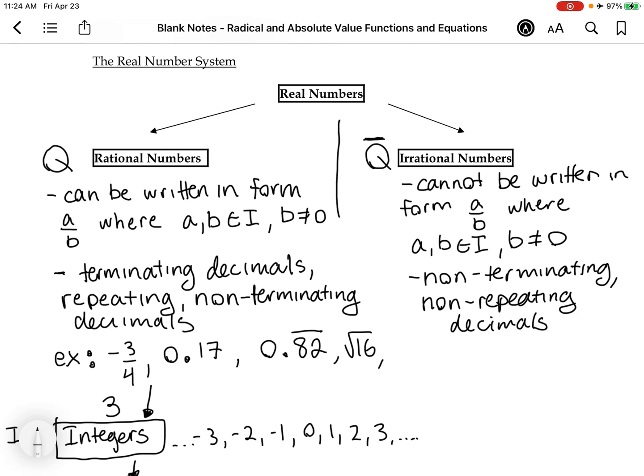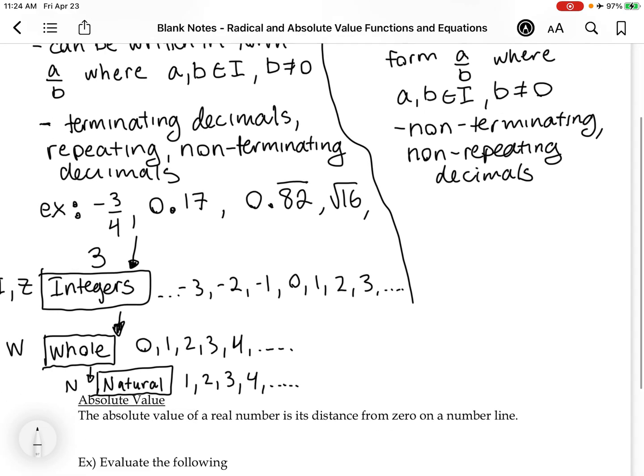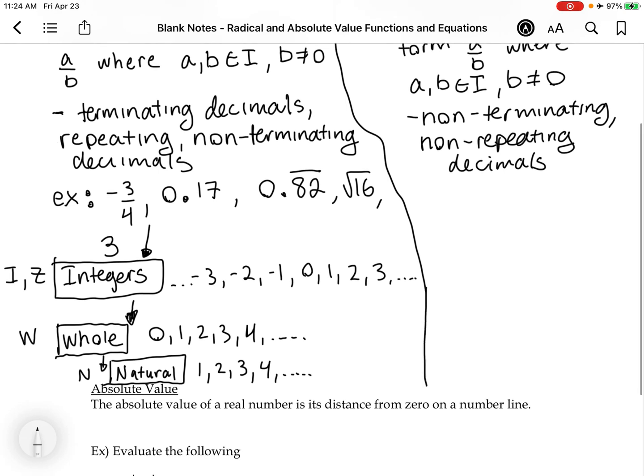Okay, so a lot of radicals are irrational. For example, the square root of 2 is irrational. Any square root of a non-perfect square is going to be irrational. The cube root of 16 is irrational because 16 is not a perfect cube. Those are all irrational. Pi is also a very famous irrational number.